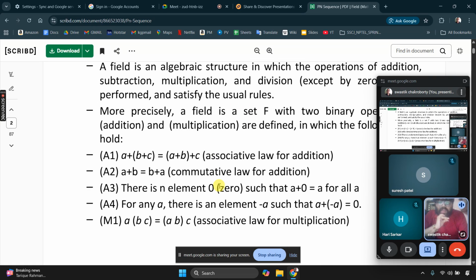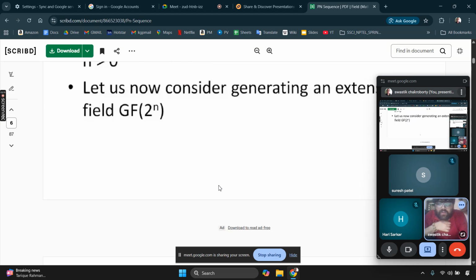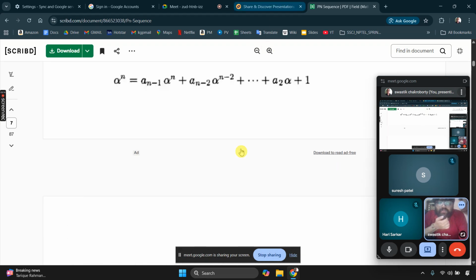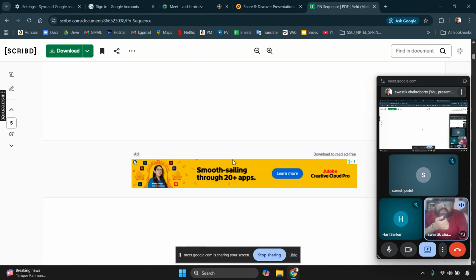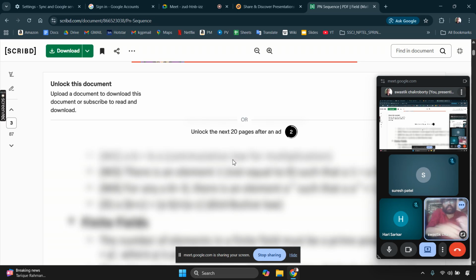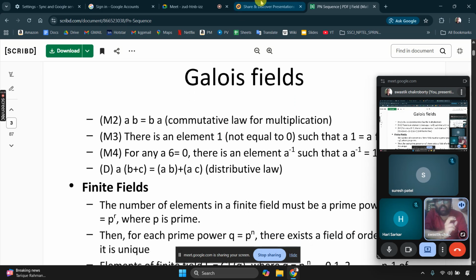At the heart of PN sequence is something called a Galois field. So what is a Galois field?